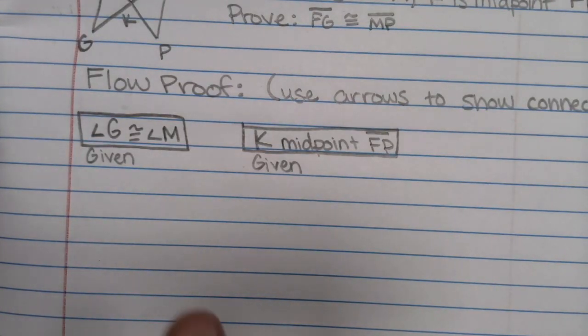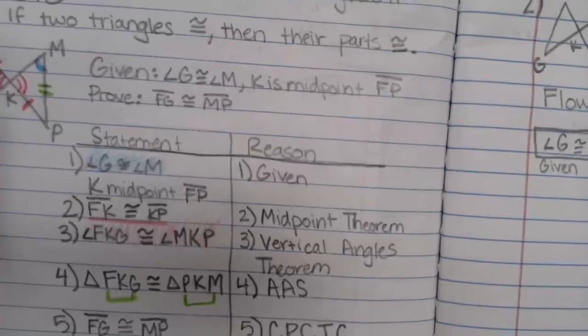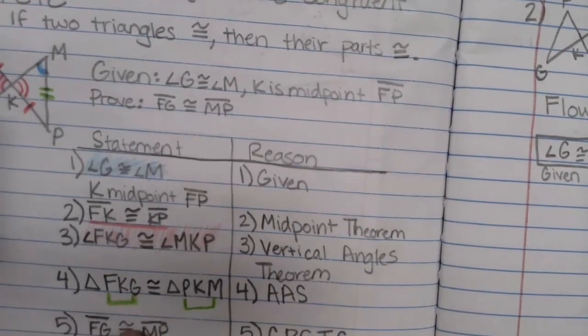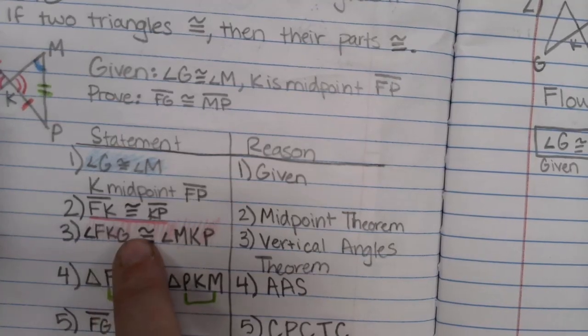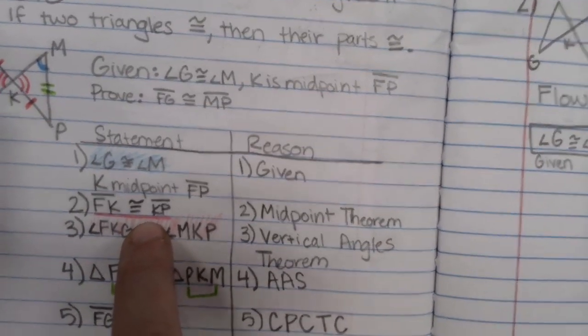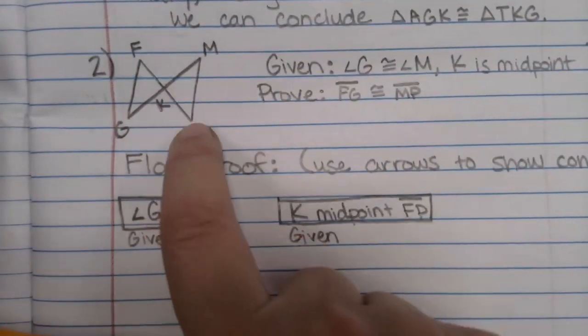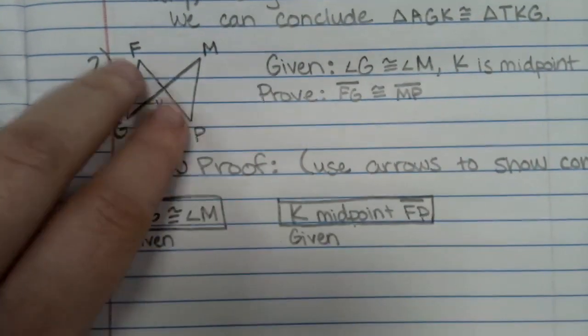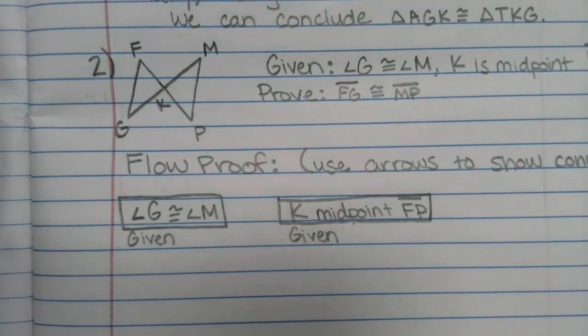All right, for our next step, if I go back to our two-column proof, what did we do after our given? Good, FK and KP. When I look back at this, when I look at FK and KP, how did I know that those two parts were congruent? Good.